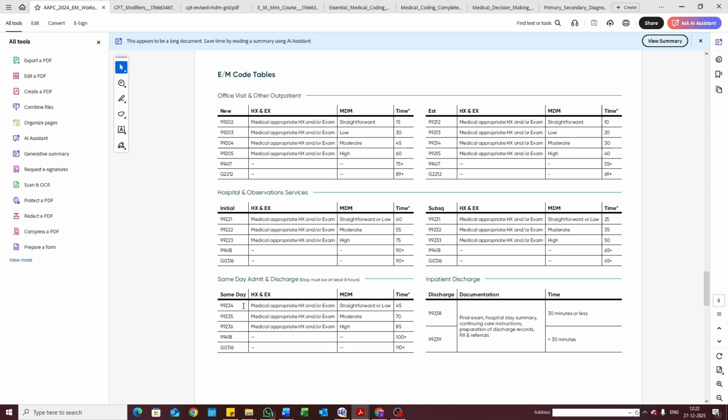Inpatient same day 99234, 99235, 99236, and then discharge 99238, 99239, time is 30 minutes or less, and greater than 30 minutes.